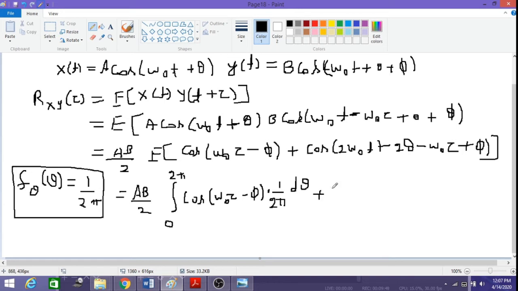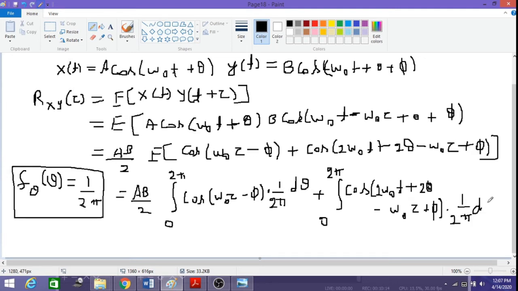Likewise plus an integral from 0 to 2 pi of cos of 2 omega naught t plus 2 theta minus omega naught tau plus phi, into 1 by 2 pi into d theta.